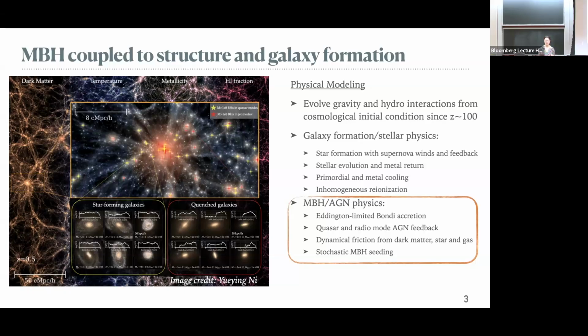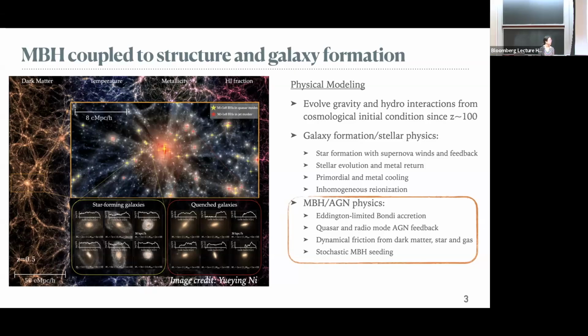We try to model the radiative heating, the heating of the surrounding gas by the AGN, in a separate fashion. Basically all the accretion feedback are modeled in a separate fashion. So when we have the Bondi accretion, we just try to estimate the surrounding gas density and the gas temperature and the fraction of cold gas compared to the hot gas.